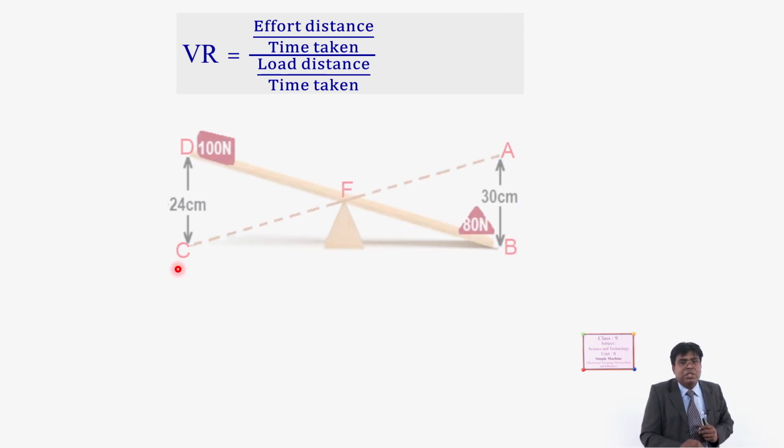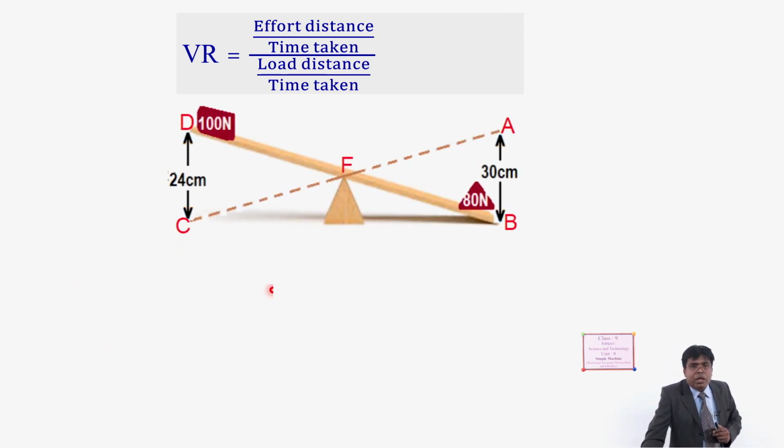Now just see this figure. In this figure, you can easily see here a load of 1000 Newton is lifted by using 80 Newton effort. Usually in a simple machine, we apply less effort to lift a more heavy load. So this 1000 Newton can be considered as load and 80 Newton as effort.